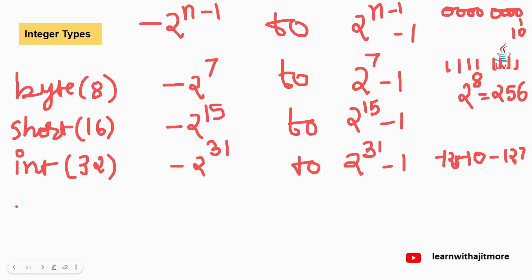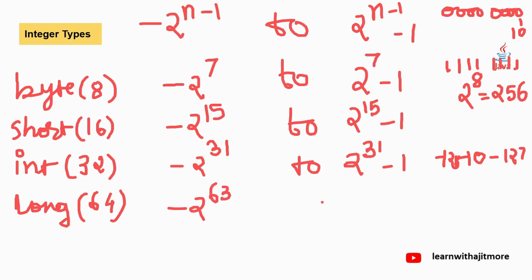And we have long, which is 64 bit. This is minus 2 raised to 63 to 2 raised to 63 minus 1. Why? Because n is 64. So when I put 64 over here, 64 minus 1 is 63. This is approximately 9 quintillion.